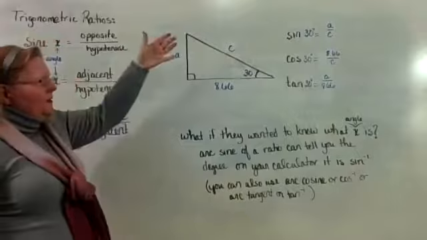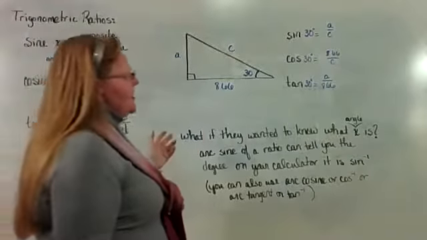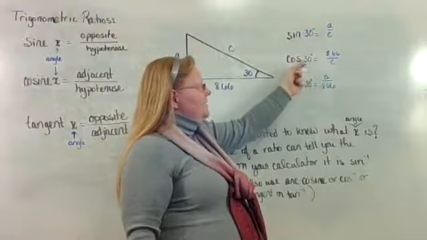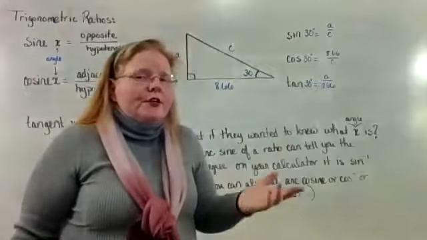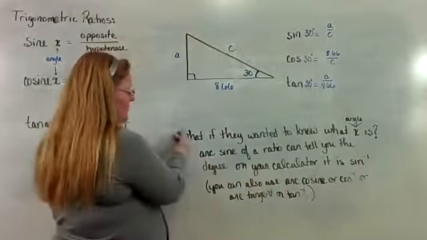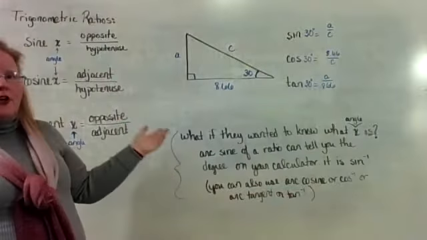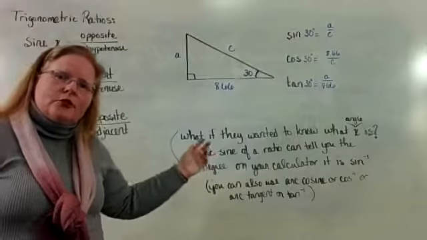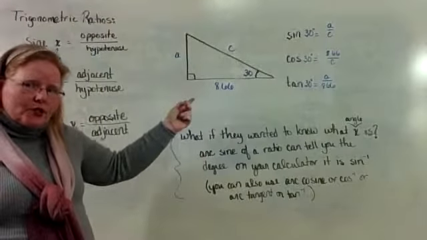So now that I've written down what some of the possibilities are, I see that in order for me to find A and C, I'm probably going to want to deal with these two. Now, I'm not looking for an angle, so I'm not going to use this stuff down here. All that arc sine, arc cosine, arc tangent stuff is when you're looking for an angle. Now we're talking about the ratios.